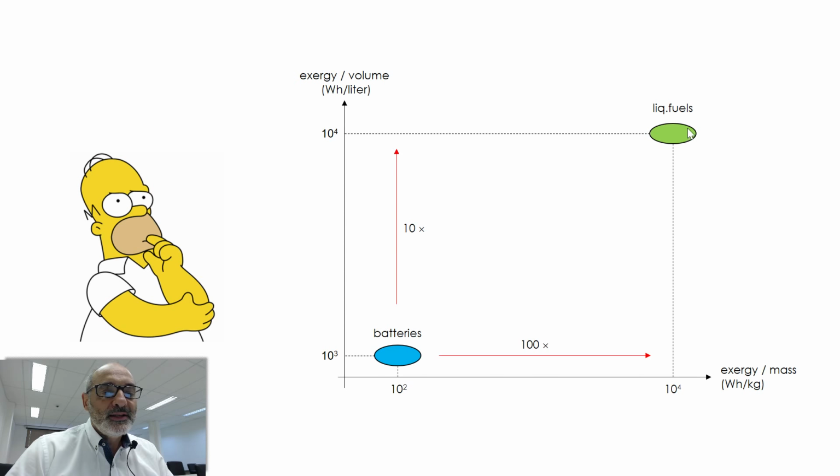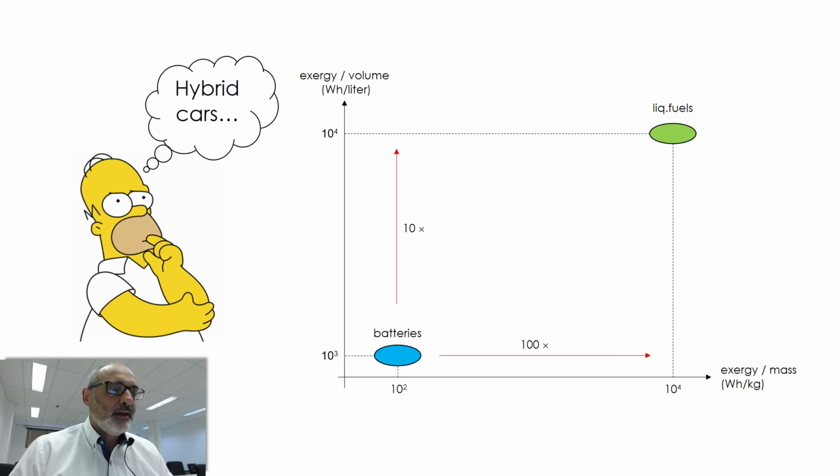So this means that the problem with using batteries in self-propelled vehicles is that, compared to liquid fuels, they are going to be heavy and cumbersome. They're going to be very large.